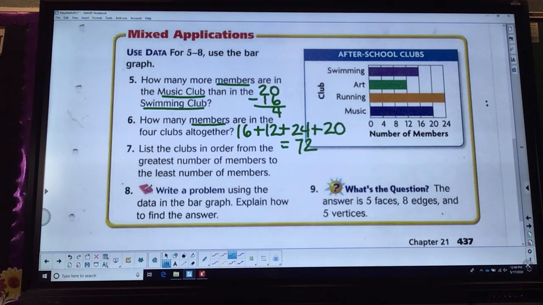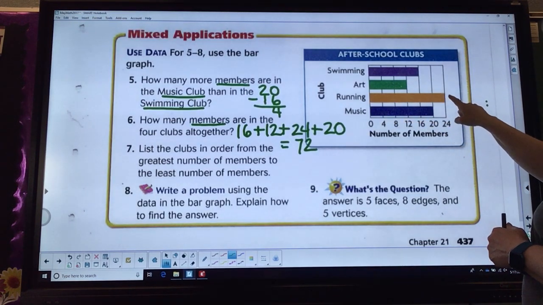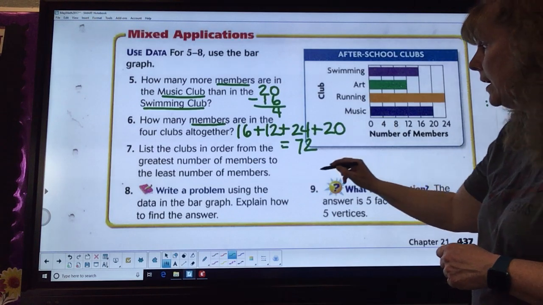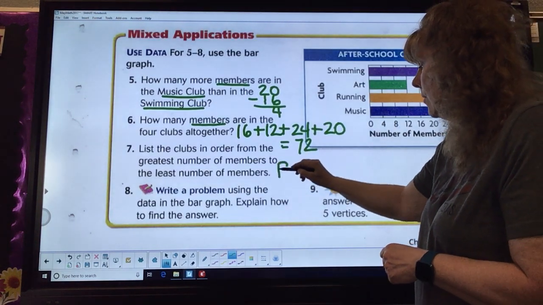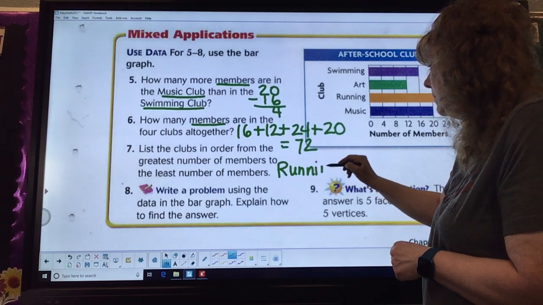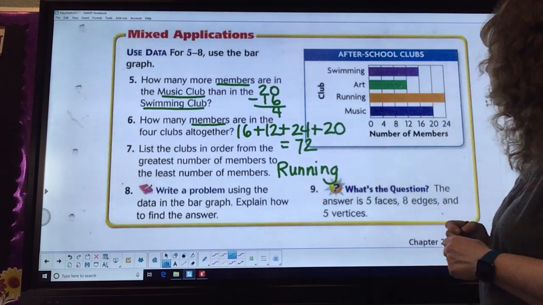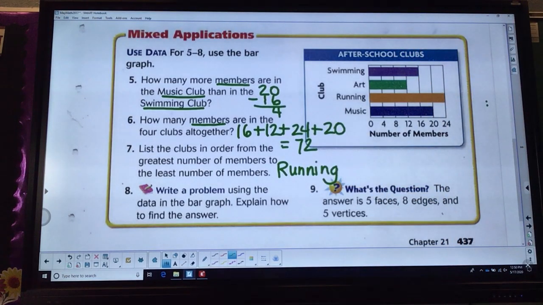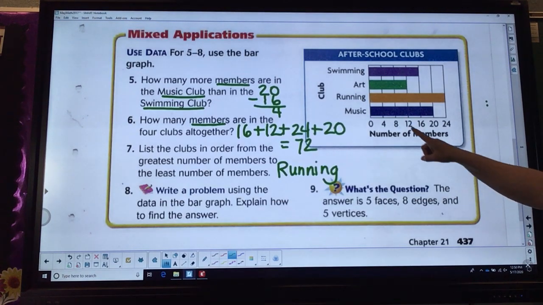Okay, number 7 says, list the clubs in order from the greatest number of members to the least number of members. Okay, which one has the longest bar? Okay, we see that it's running, so that's going to be the one that has the most. Then which one? We look for the next longest bar, and we see that it's music.